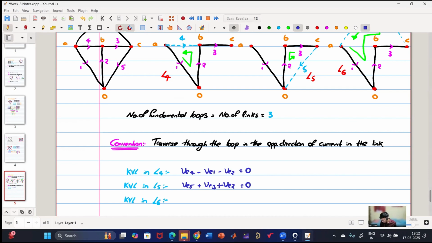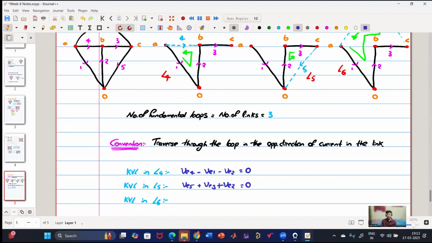Yes. You people are still confused about the polarity, because we are already in week 8. This is the most fundamental thing that is there in each and every week. It is just a plus and minus sign and that will change the entire answer. You should be very thorough with this. When we are going from higher potential to lower potential, it will be minus. When we are going from lower potential to higher potential, it is plus.